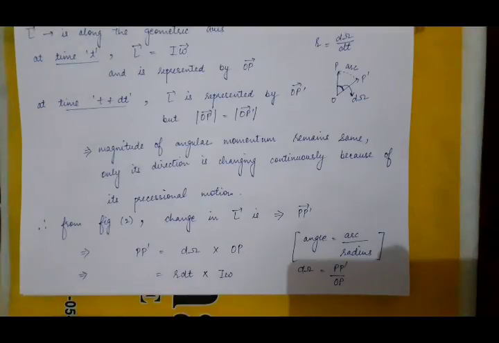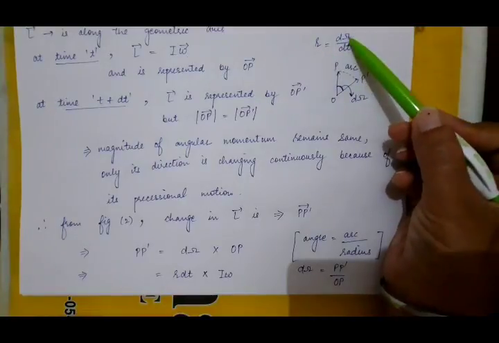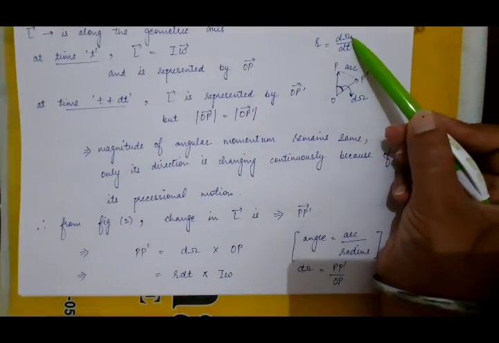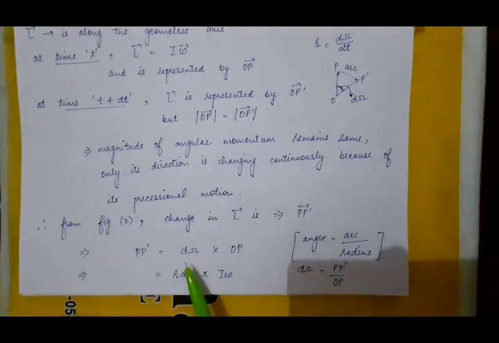And that change in the direction of angular momentum, we have represented by angle d omega. In time dt, there is d omega change in the direction of angular momentum vector. So if r is equal to d omega by dt, then what will be d omega? It will be r dt. So that is why I have written down r dt here, and this OP is equal to I omega.